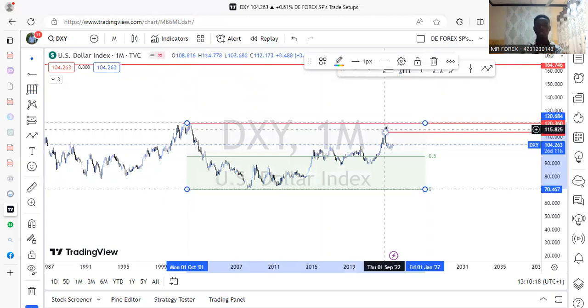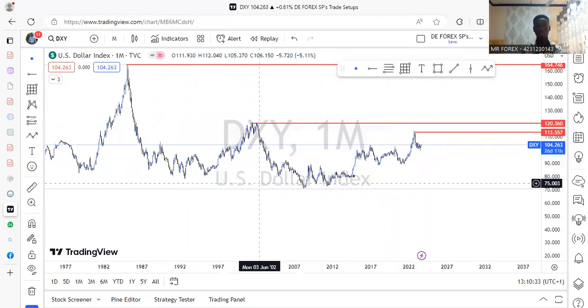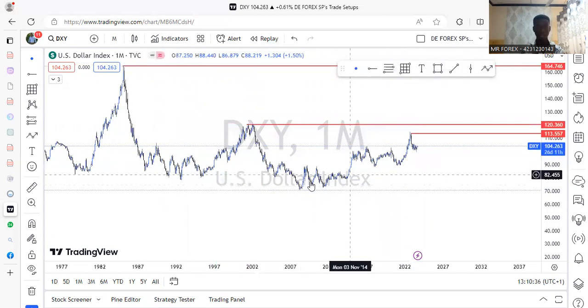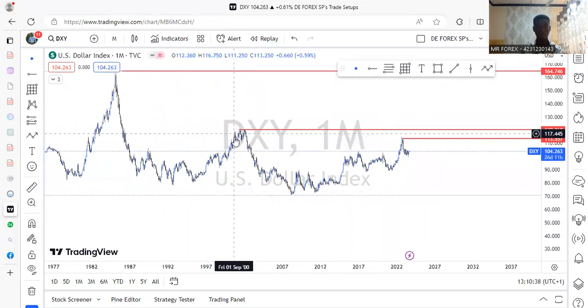Price went into deep premium, then it gave us some bearishness. And even per the market structure, there's a possibility that price is going to trade back up here before it resumes its actual bearishness. So what do we expect? When price got here, it gave us some consolidations before we had this massive drop.